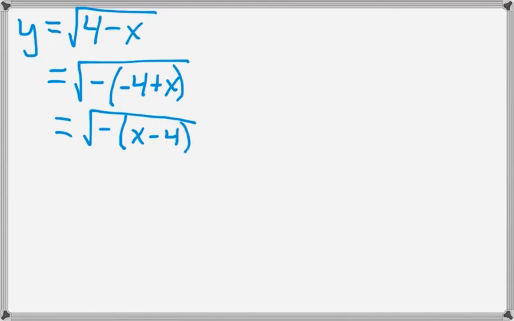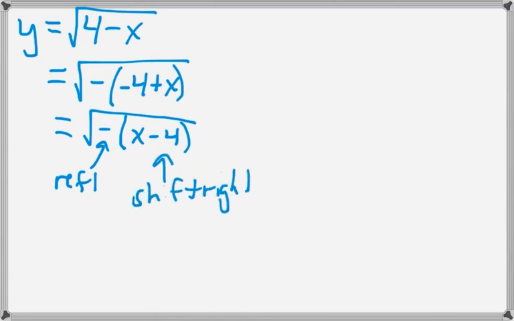So here we have a reflection horizontally, and then a shift to the right 4 units. So that might not be obvious at the beginning when we look at it the way it was originally written. But you can still do the same method that we did before to get the correct coordinates for the points.